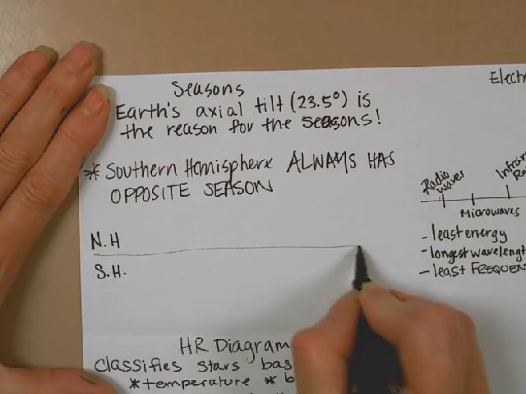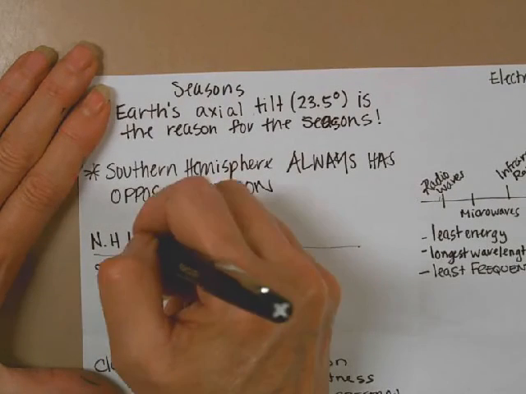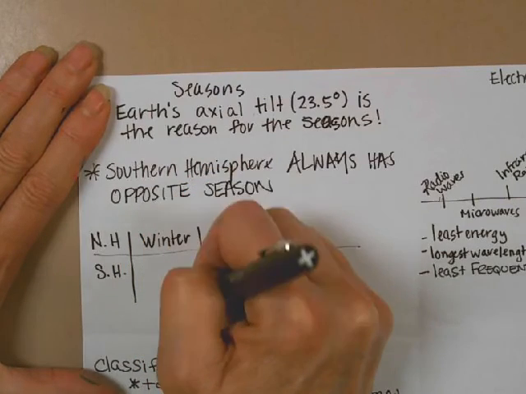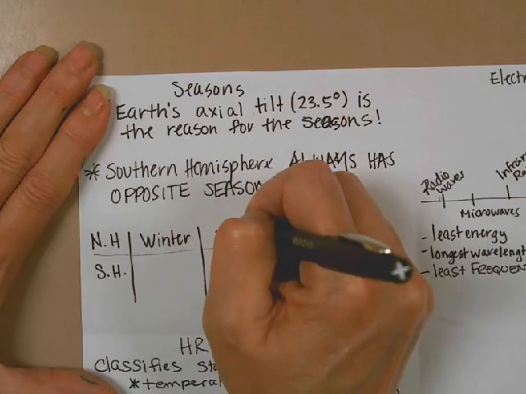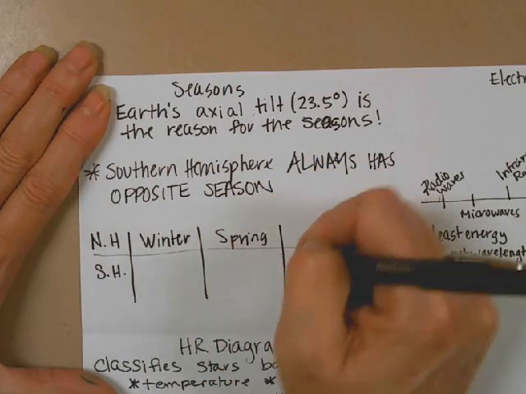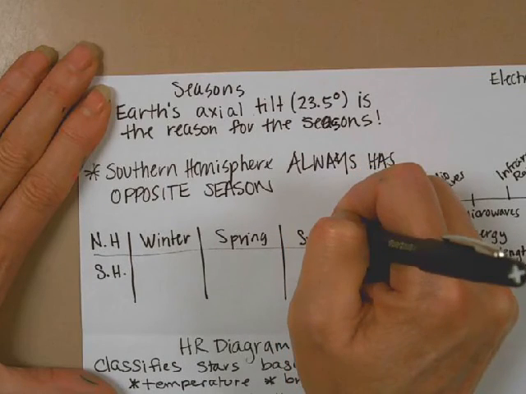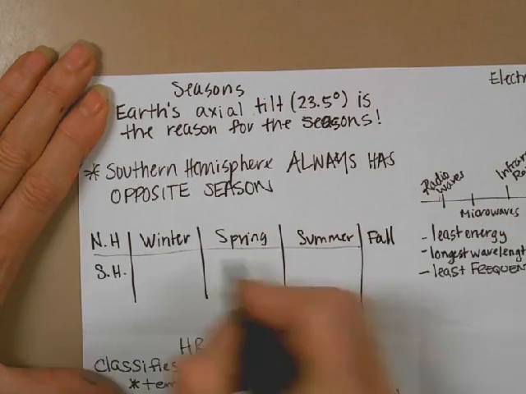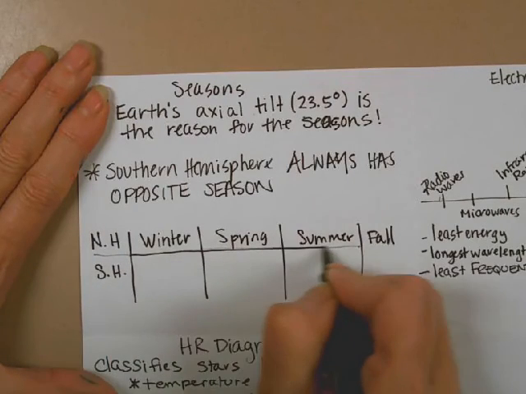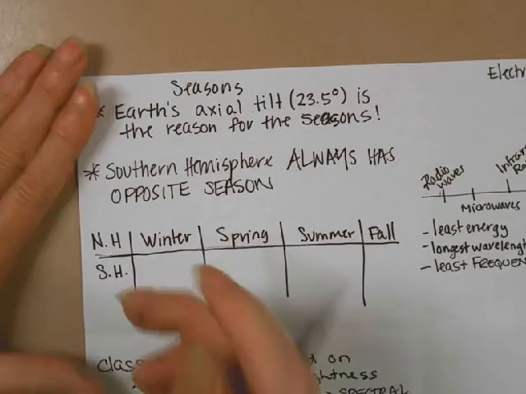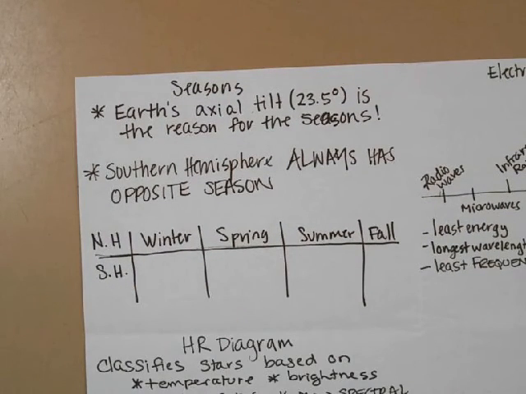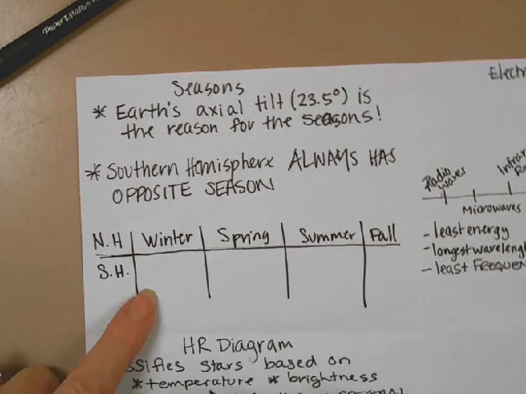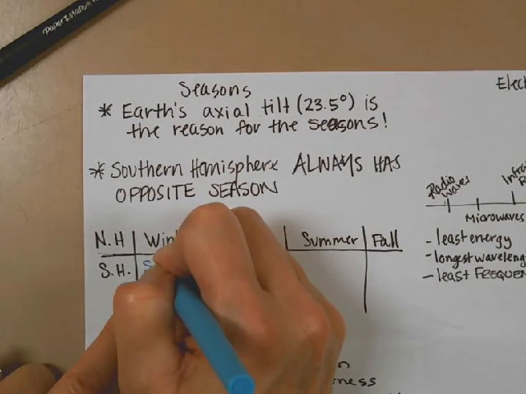So if we have, and the seasons in order, by the way, are winter, spring, summer, and fall. And if we here in the northern hemisphere are having our winter, then the southern hemisphere is having their summer.